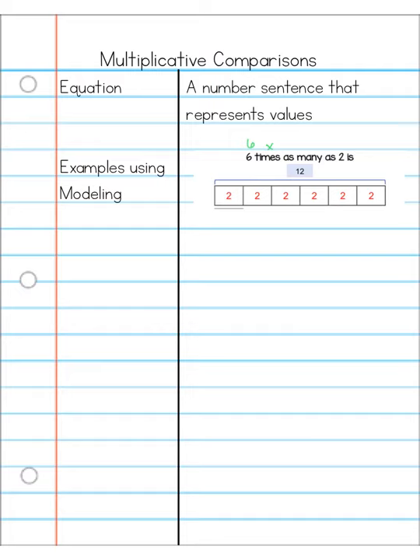So 6 times 2, and that word is means equals. So this is just a fancy way of saying 6 times 2 equals 12. And as you can see by the model, they've taken 6 equal groups of 2, and those 6 equal groups of 2 total to make 12.